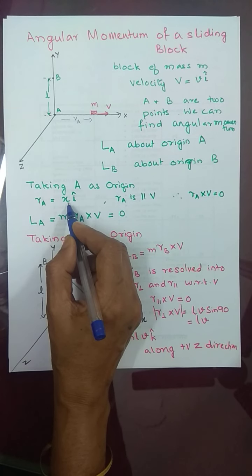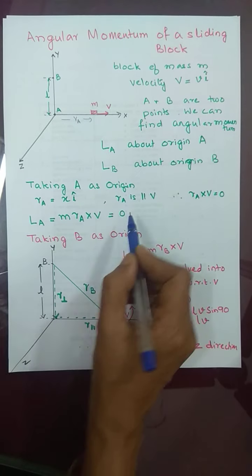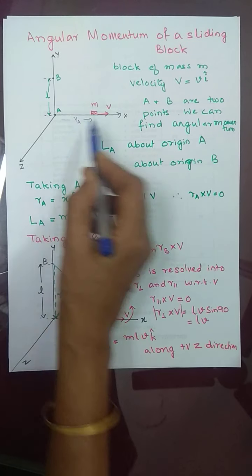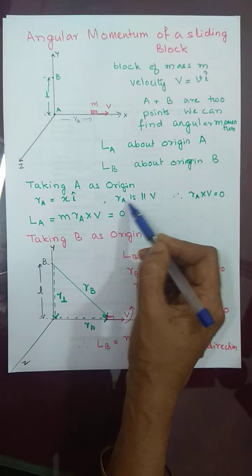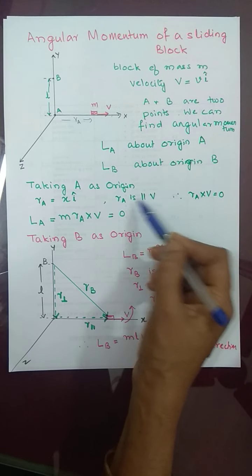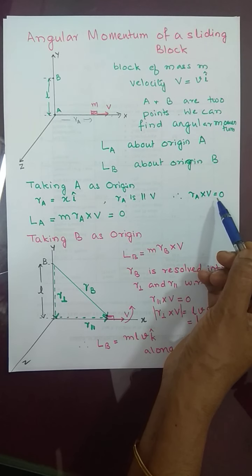RA is equal to x i, along the x direction it is moving. Now the position vector RA is along the direction of the velocity. That means RA is parallel to V. Since these two are parallel vectors, the cross product will be 0. RA cross V is equal to 0.